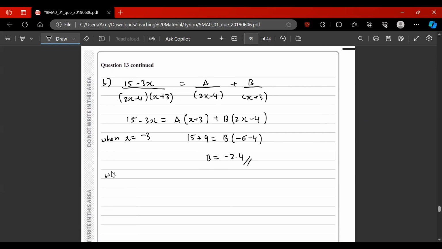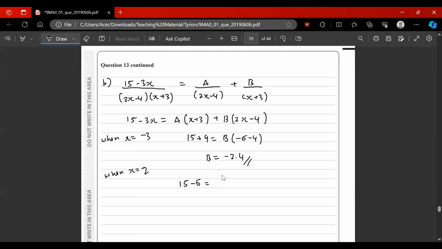And then if you substitute in x equal to 2, this will be equal to 15 minus 6 is equal to A times, this is now 5, so this will be 5A.